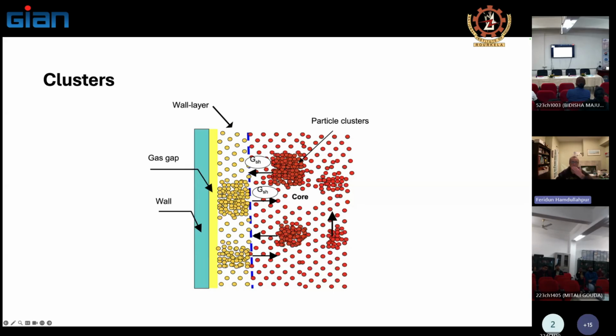But nevertheless, we don't know the size, we don't know the shape, we don't know the number of particles. Therefore, how much heat they will carry and pass on to the wall or heat transfer surfaces is all correlations, and we'll have to rely on a lot of experiments.